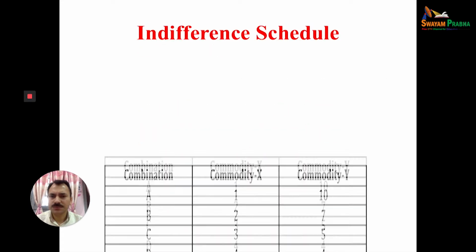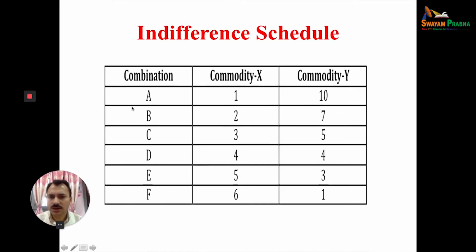For example, in the first column we have the combinations A, B, C, D, E, F. Combination A provides 1 of X and 10 of Y. The consumer has a choice that he can use 1 X and 10 of Y, but the satisfaction will be equal, say equal to 10.